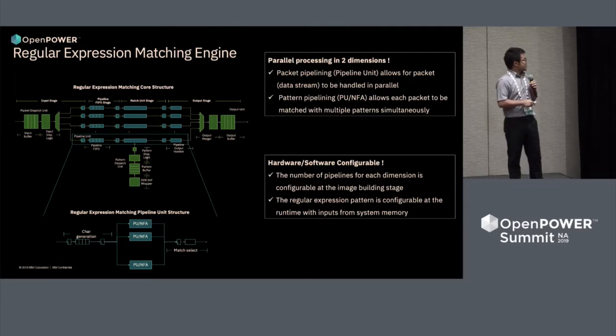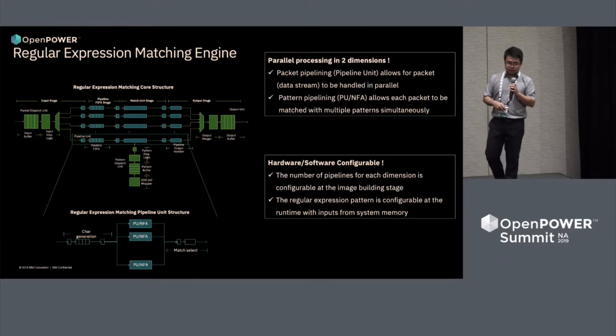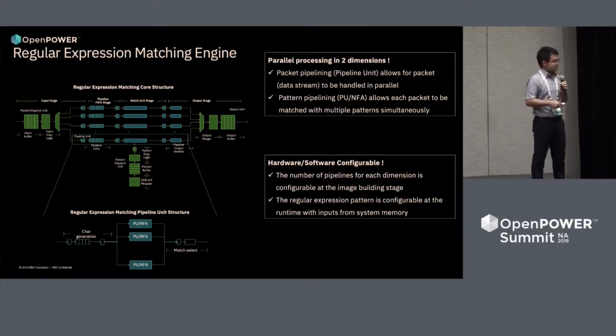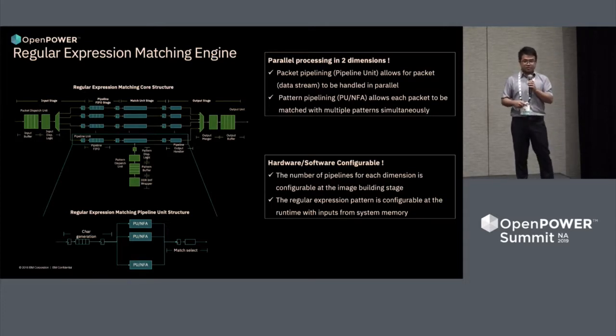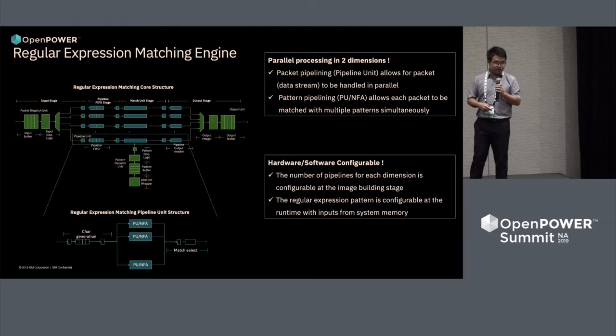Inside that pipeline, we also have multiple processing units, which allow the engine to match one string with multiple regular expression patterns at the same time. So they have two dimensions of parallelization. The whole architecture is configurable for both hardware and software. For hardware, during the image building phase, we are able to define the number of pipelines.